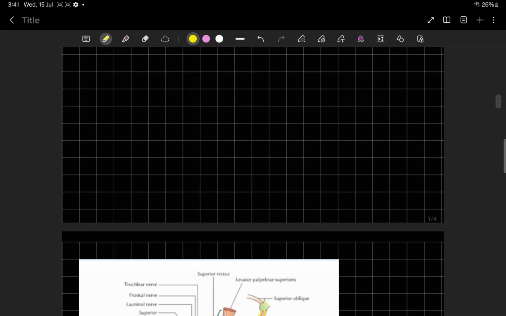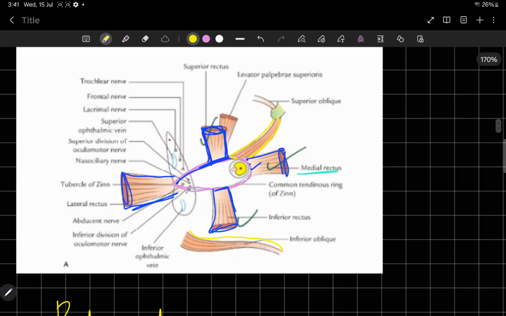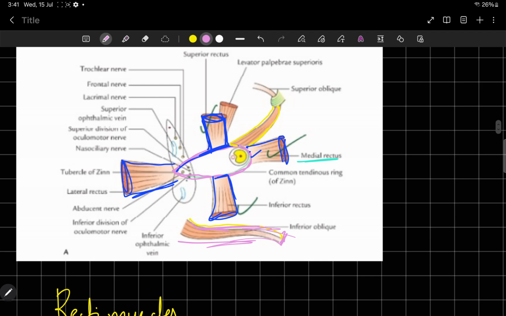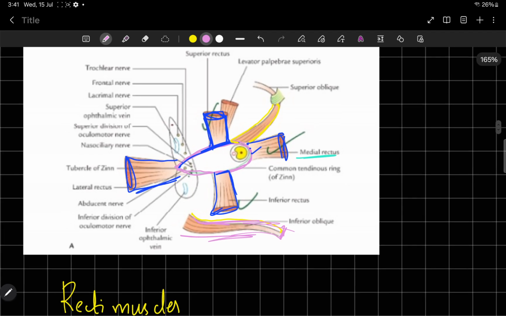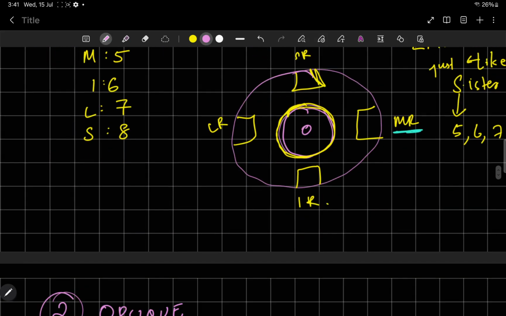So this was our common diagram of origin. Here this is the inferior oblique muscle. So it is not originating from anywhere near the orbital apex. It is originating from a rough impression in the anteromedial angle of the floor of orbit. Okay, it's from the floor of orbit, not from the common tendinous ring or anywhere near the optic canal.